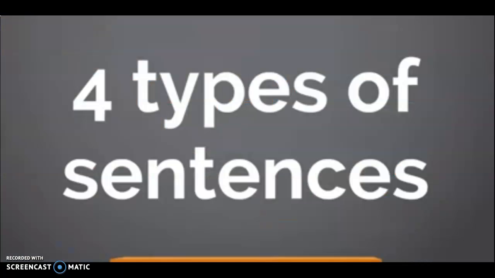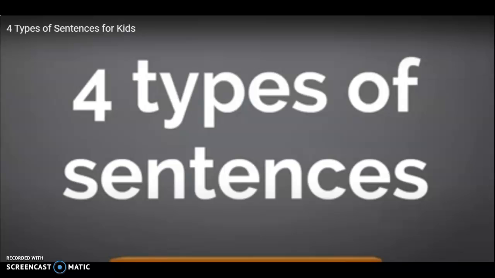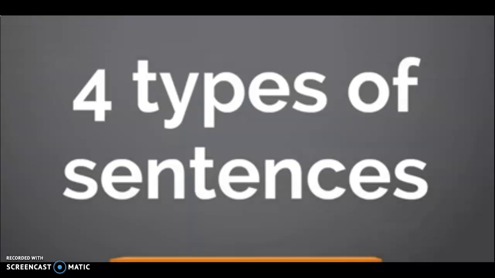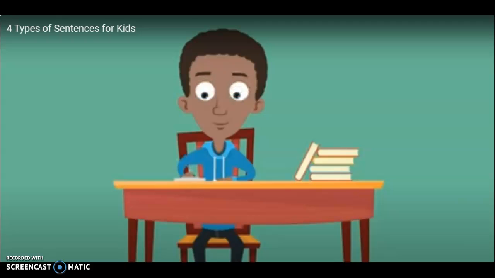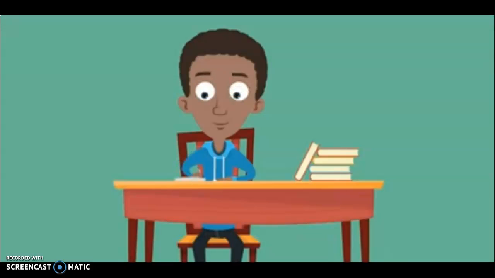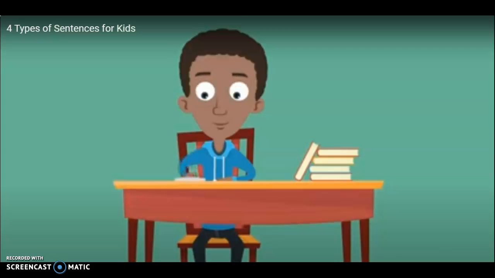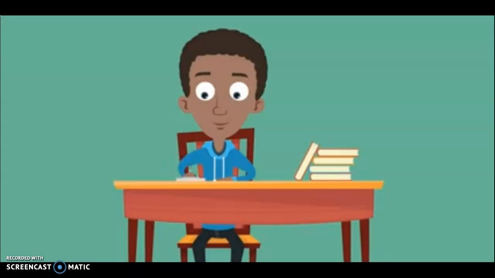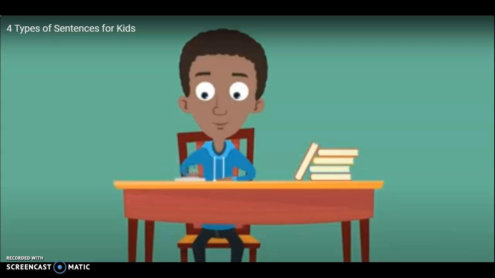So remember, there are 4 types of sentences. And once you learn them, you'll know how to identify any sentence. And people will be like, whoa, how did you do that? But first, we want to pay a visit to our friend Terrence. Terrence is writing a note that he would like everyone to see so we can really learn these 4 types of sentences. Let's see what Terrence wrote.